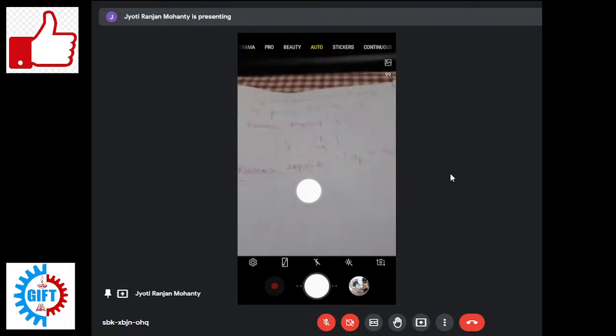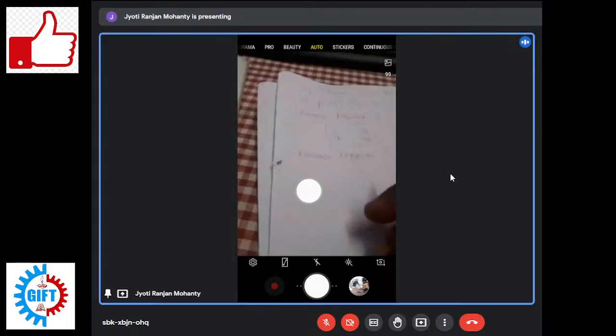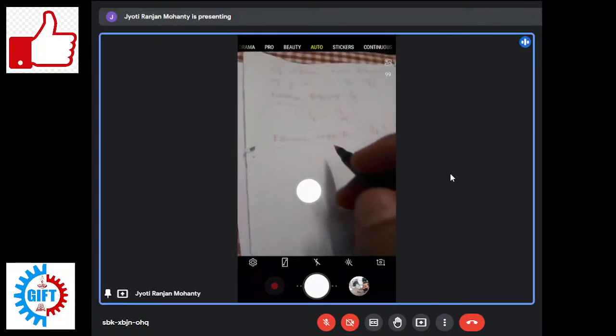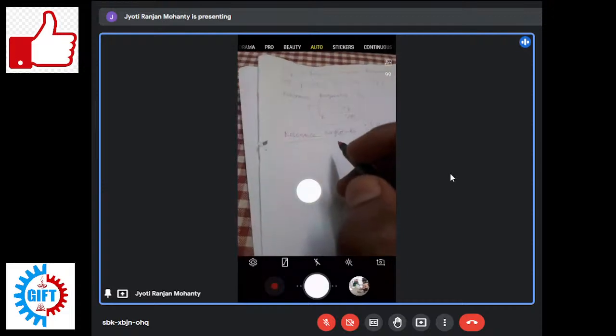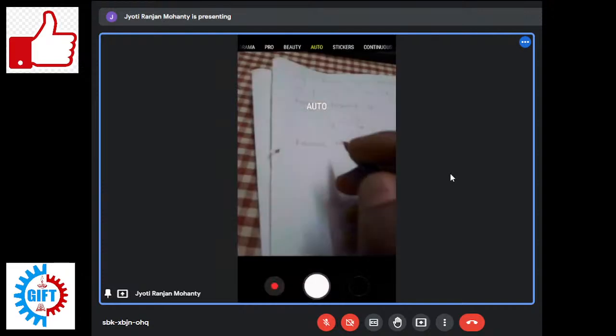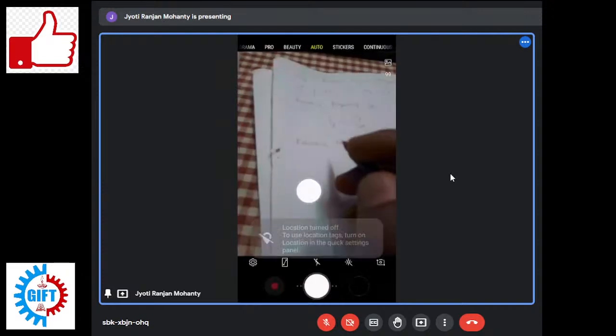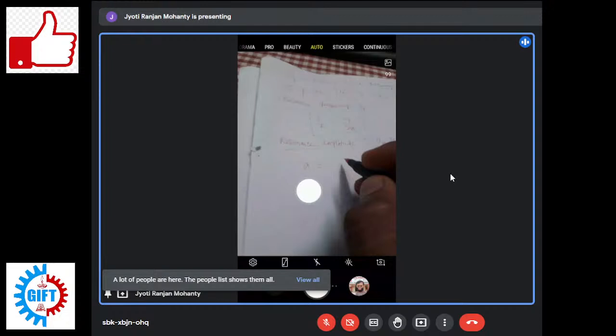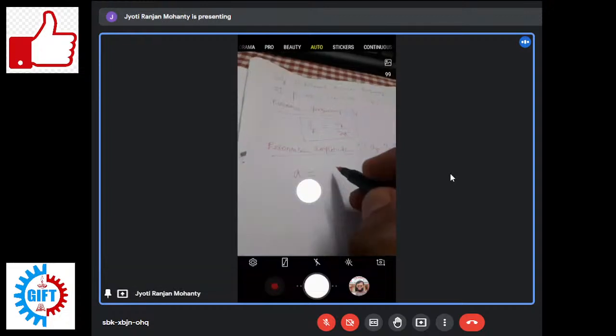So the amplitude at which resonance occurs is called resonance amplitude. Okay? So here the expression for A, Pragya, what is the expression for A?